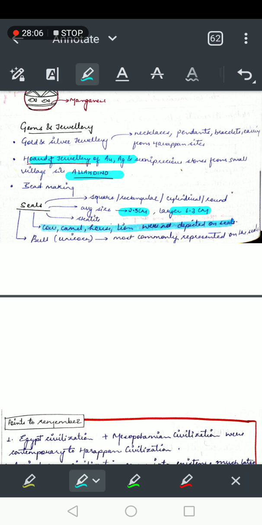We had discussed that different animals were depicted on the seals, but animals like cow, camel, horse, and lion were not depicted on the seals. So you can note that. The bull, which was a unicorn, was the most commonly represented on the seals. You can call it a rhino.